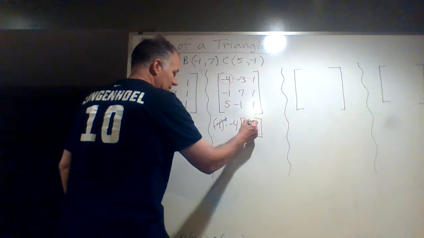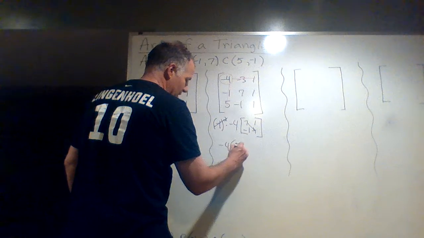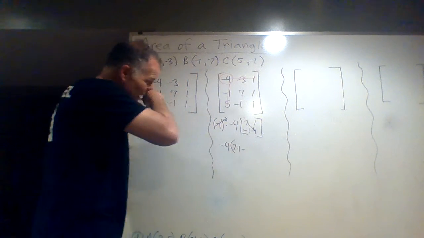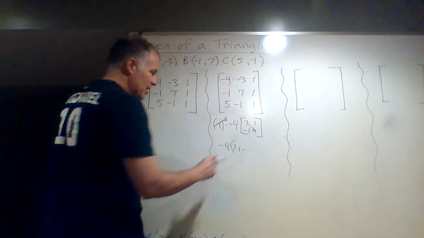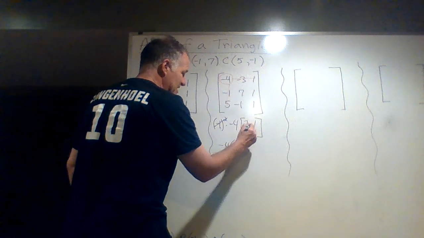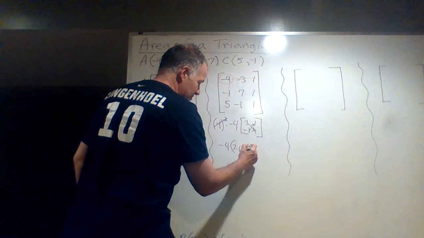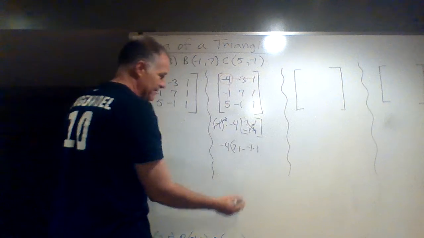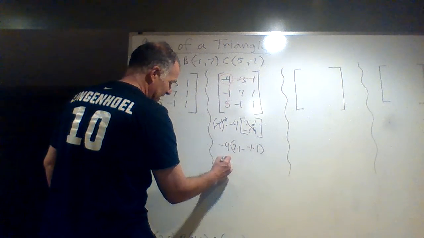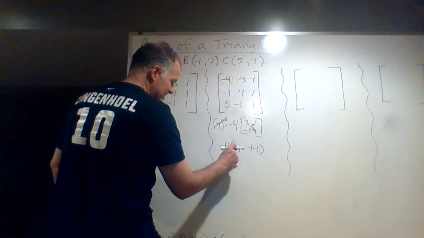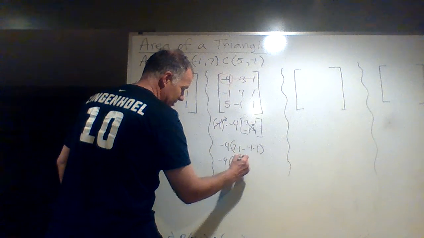Okay, now I need to do that crisscross. 7 times 1 minus, now remember guys, we did this with the negatives. So the minus is in the formula, now -1 times 1. So -1 times 1. Okay, so I have this -4 in front. 7 times 1 is 7.